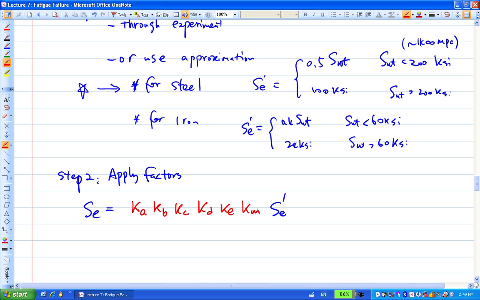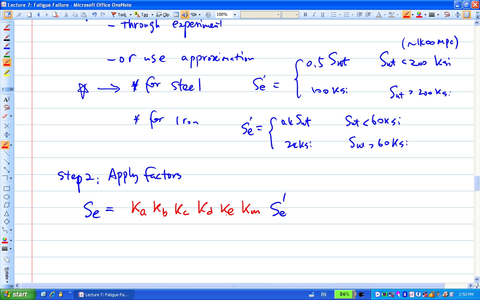Your lesson is going to be on how to get each one of them and what each one of them is. Some of them are very simple, some need a little calculation. Is that clear?